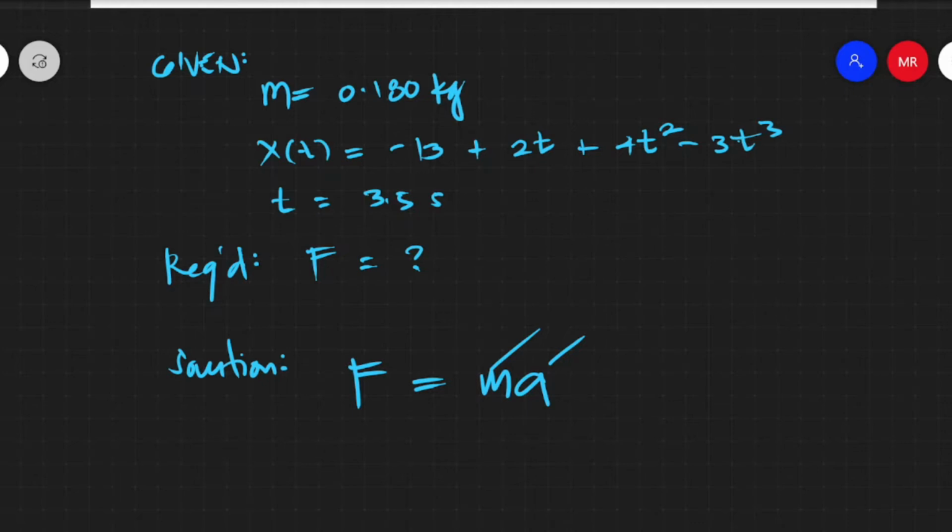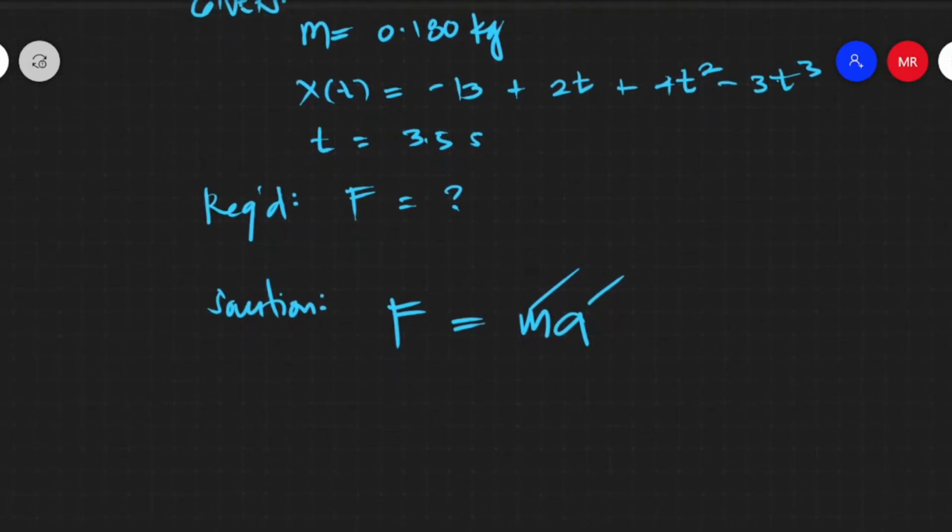To get the acceleration of this particle, we just need to differentiate that position function, because we know that velocity is dx over dt, the first derivative of the position function with respect to time.